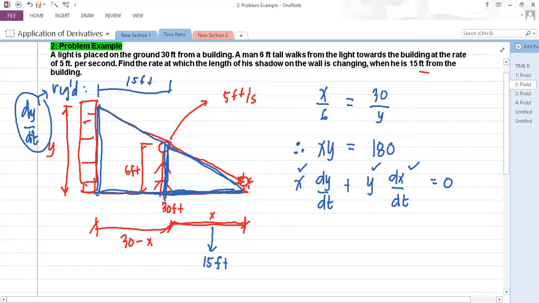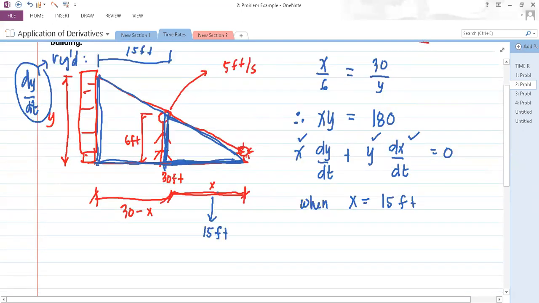Okay, so how do we find the value of y? We can find the value of y when x is 15 feet. So when he is 15 feet from the building, makukuha natin yung value ng x na 15 din, kasi that is 30 minus 15. So our x is 15.